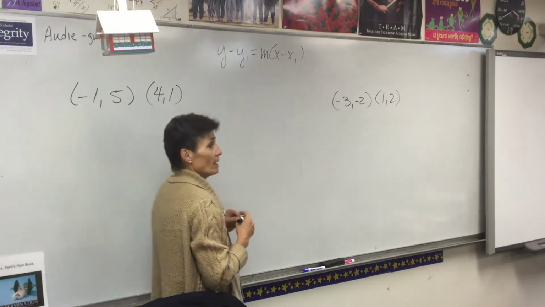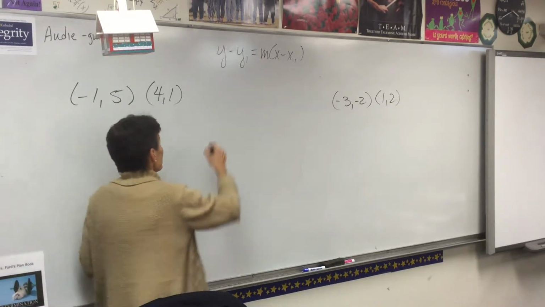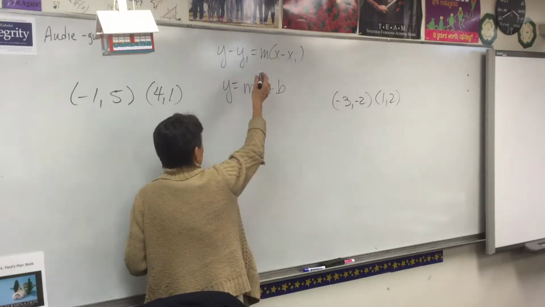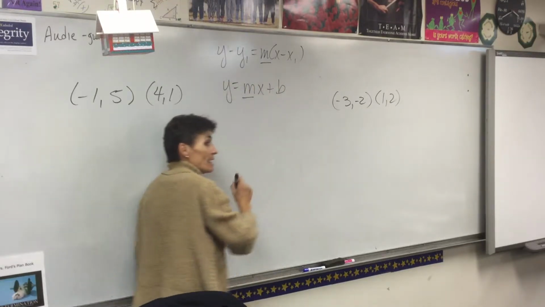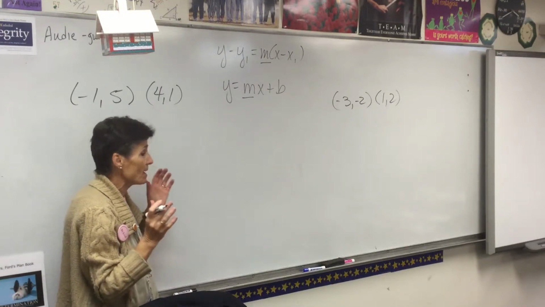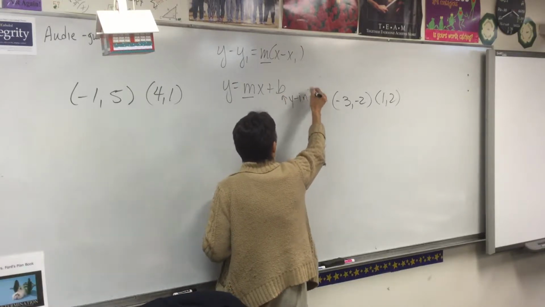What is your formula for slope-intercept? It's y equals mx plus b. And just like point slope, there's an m, and the m stands for the slope. That m is the same m. The b is the y-intercept.